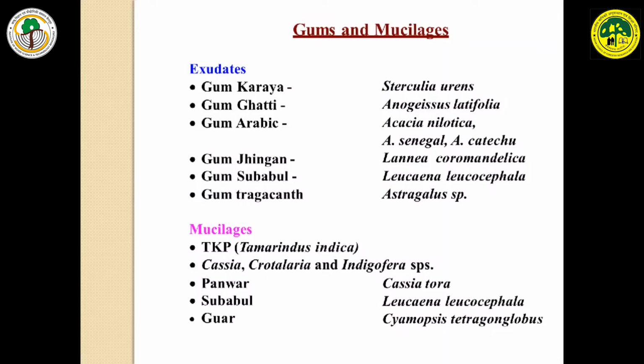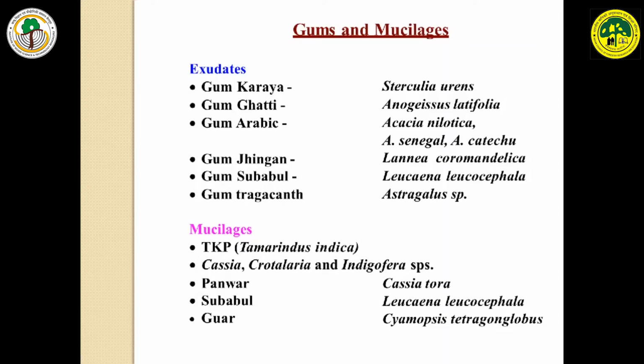The gum karaya from Sterculia urens, then gum ghatti, Anogeissus latifolia, gum arabic, Acacia species such as Acacia nilotica, then Senegal, then Catechu, Chingan, there's Lannea coromandelica for the agarbathi industry, then Subabul from Leucaena leucocephala, then gum tragacanth from Astragalus. This is very minor, which is only restricted to some parts of India where this collection is made.